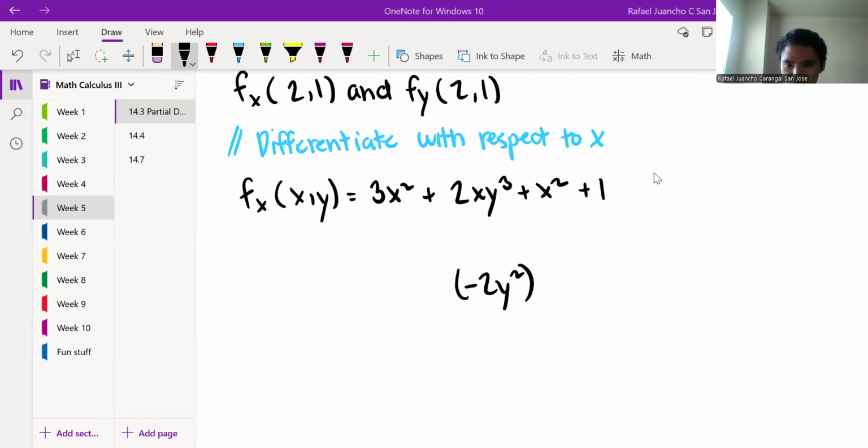X squared y cubed. Oh no, did I mess something up? Oh, because I treat this as a constant. Oh my goodness.